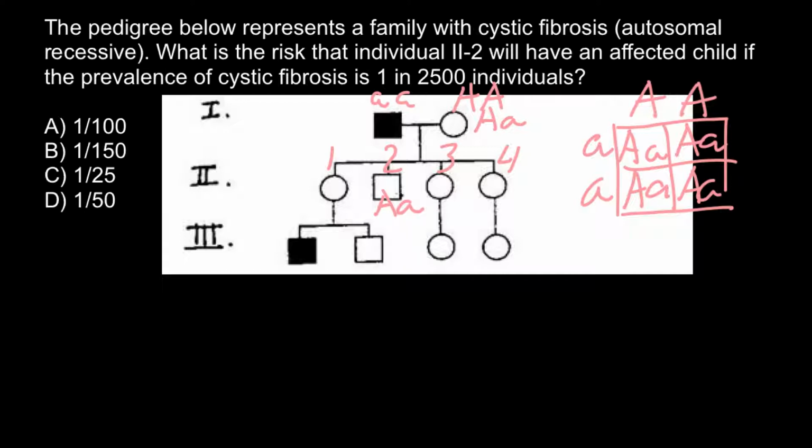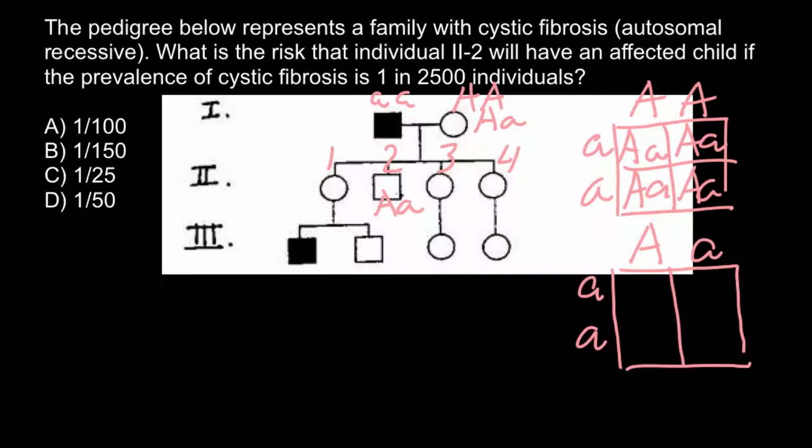And if we consider that this female is heterozygous, let's take a look. If the female is capital A and small a, and her husband is small a, once again we build a Punnett square, and as you see, capital A, small a here, capital A, small a here, small a here, and small a here.